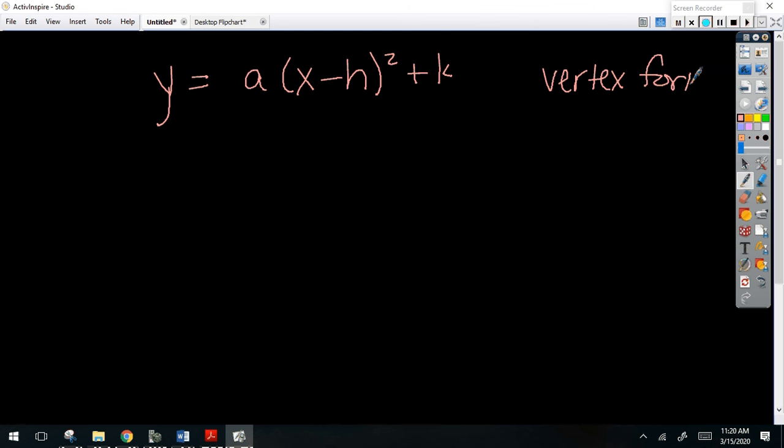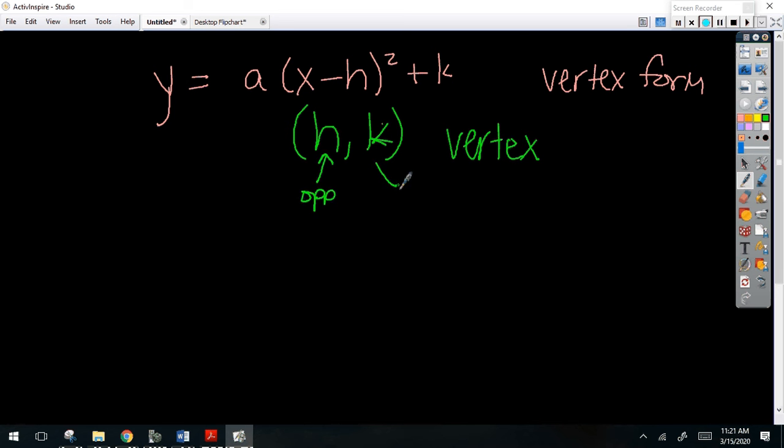It makes sense when we start thinking about our transformations, because it gives us the vertex of our parabola. (h, k) is our vertex, but we have to do the opposite sign of h and the same sign of k.